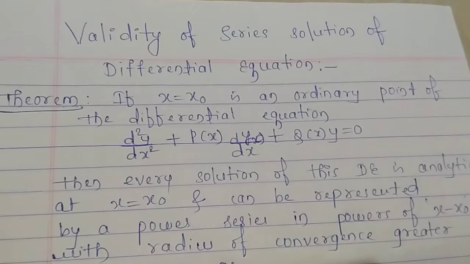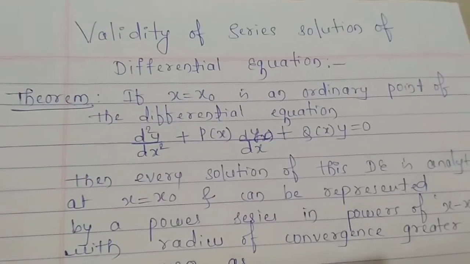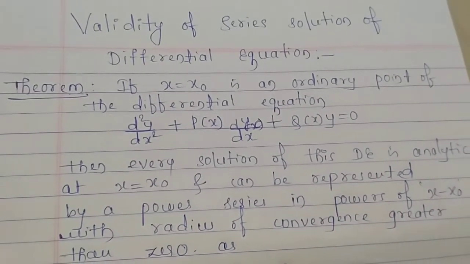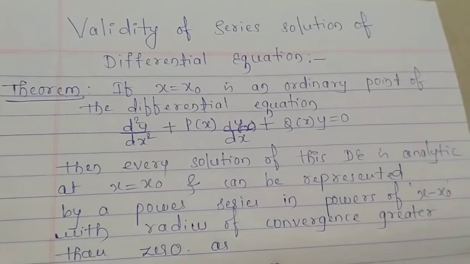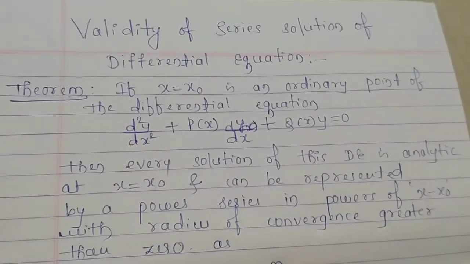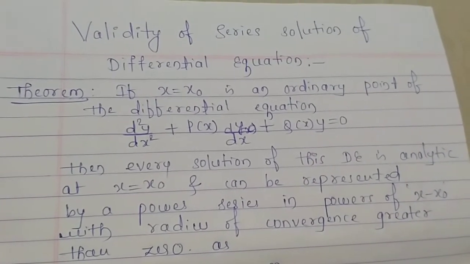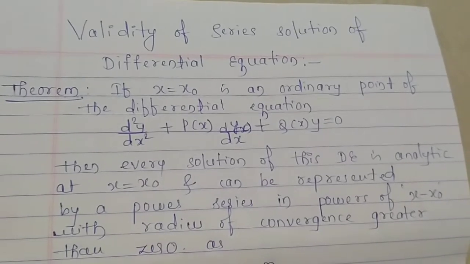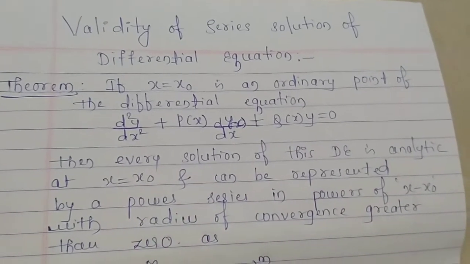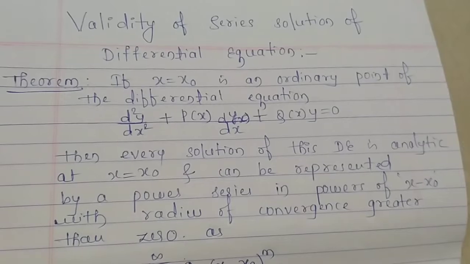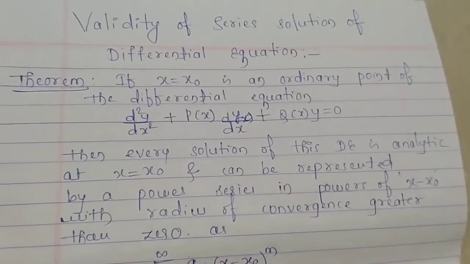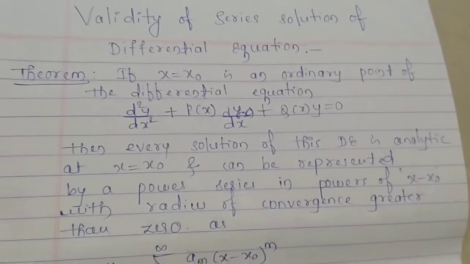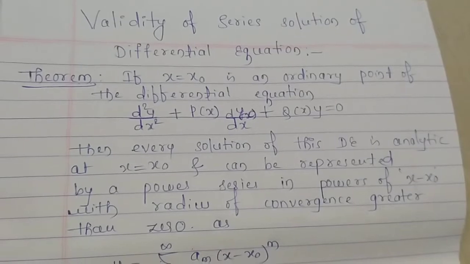Validity of series solutions of differential equations. The given differential equation is d square y upon dx square plus p(x) dy upon dx plus q(x) y is equal to 0. If the point x is equal to x naught is an ordinary point, then we can write the solution for this differential equation at x is equal to x naught if p(x) and q(x) are analytic.